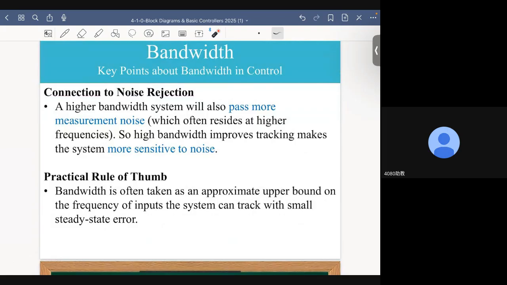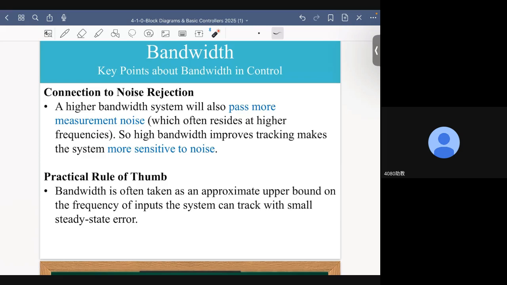Okay, two more remarks about bandwidth. The first is that a higher bandwidth system will also pass more measurement noise. Therefore, high bandwidth and improved tracking make the system more sensitive to noise. Once you have noise, the frequency components of noise usually concentrate on the high frequency band.